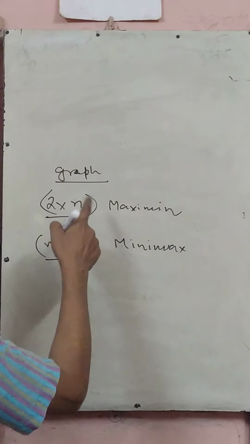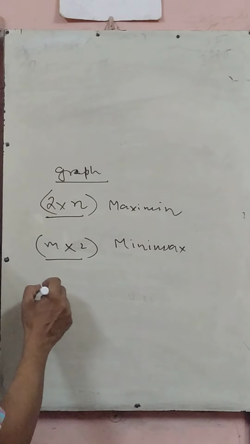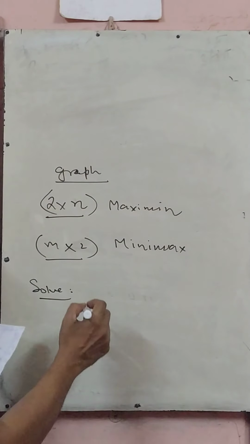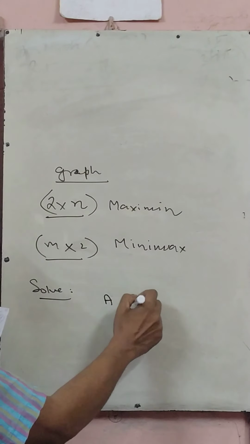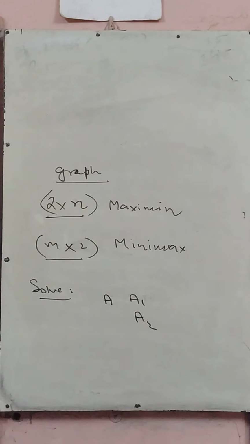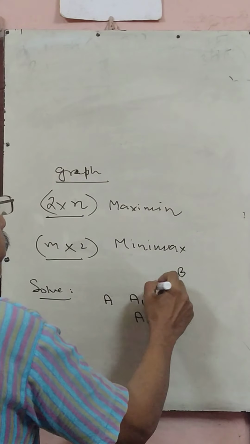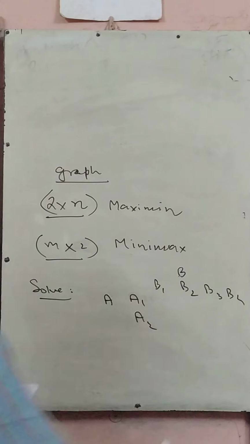Now first is 2 rows. Let us take an example of 2 rows, 4 columns. Solve the game, obviously the question will be like this. It is given that A has strategies A1, A2, that means 2 rows, and B has strategies B1, B2, B3, B4.